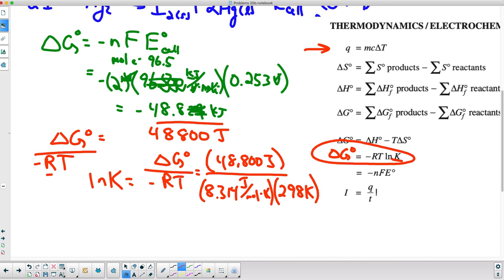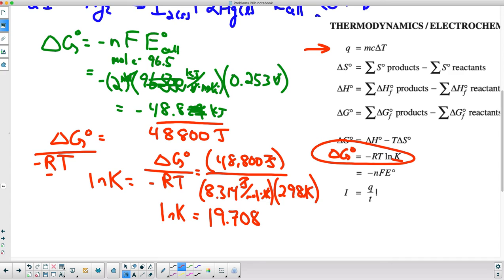Okay, so all of this is going to equal the natural log of K, which means that we're not finished once we get this value. So this value ends up being about 19.708, and because the joules cancel over here, the Kelvin, this ends up being basically the natural log of this.